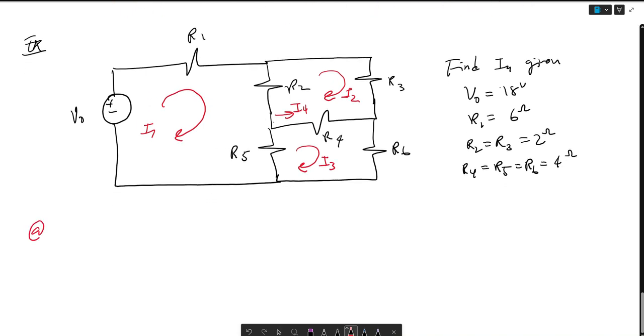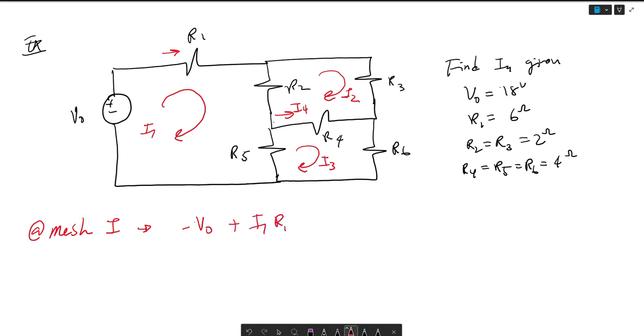So at mesh I1, I'm going to say that this power supply is going to be minus VO. I consider that I1 is going into this R1. So plus I1 R1 plus, this I1 is going through this I2, so it's going to be a plus. Let me actually do my resistors first.